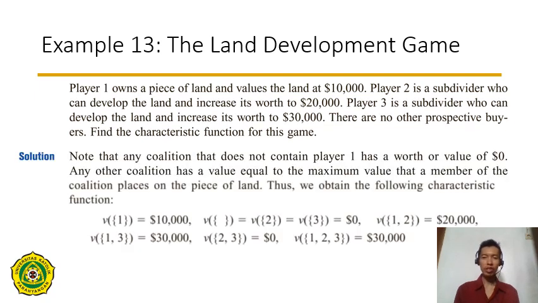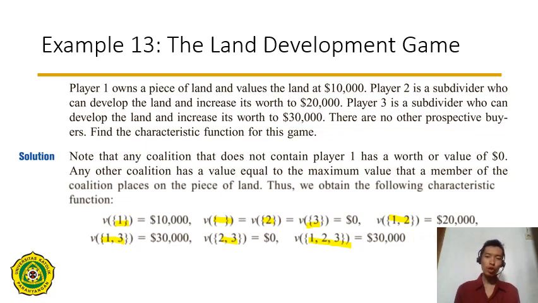We have 3 players again, and the subsets are the empty set, player 1 only, player 2 only, player 3 only, 1 and 2 forming a coalition, 1 and 3 forming a coalition, 2 and 3 forming a coalition, and the grand coalition of everybody.